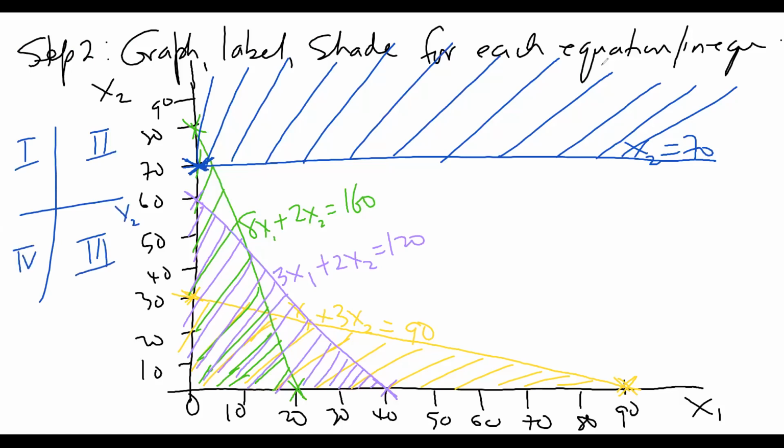This is x2 and this is x1. x1 is greater than 0 over here, and x2 is greater than 0 up here. So we're stuck within quadrant 2, and that is why we only draw just quadrant 2 of the Cartesian plane and never the other 3, because you can only find your solution in that second quadrant.